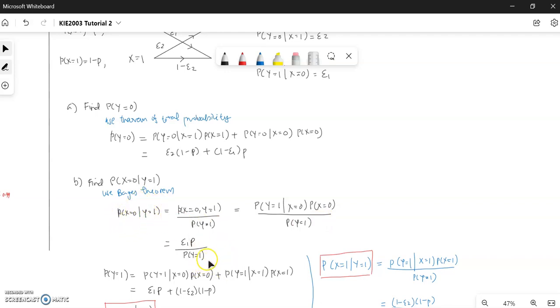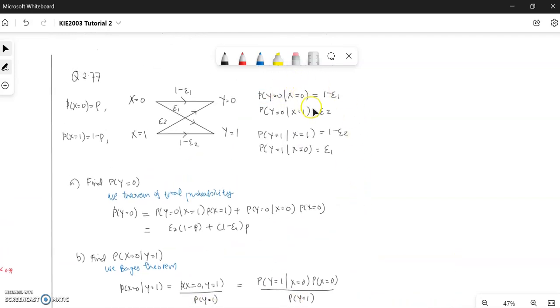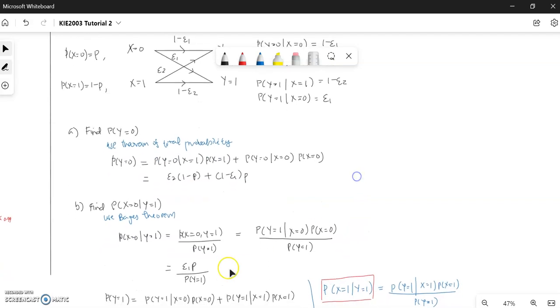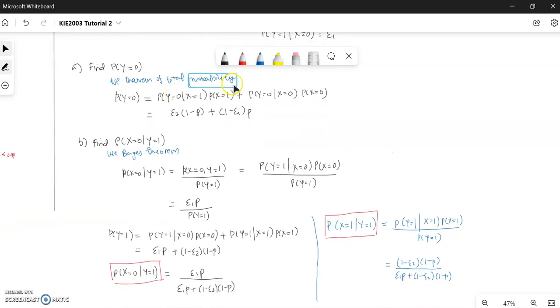Here we can get the values from the diagram, but for the probability y equals 1, we need to find it. Just like how we did in A, where we found the probability of y equals 0, we can use the theorem of total probability to find the probability that the output is equal to 1.